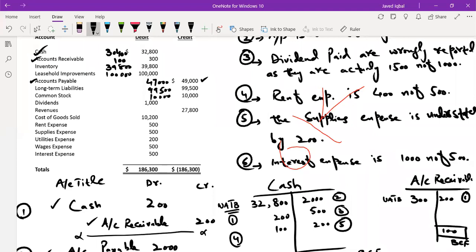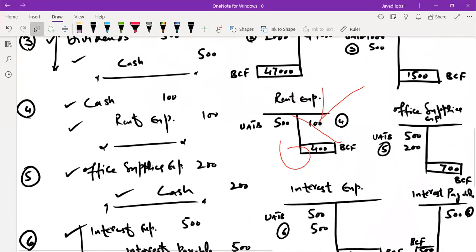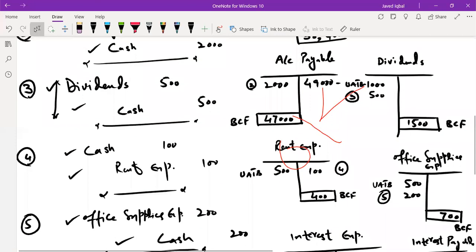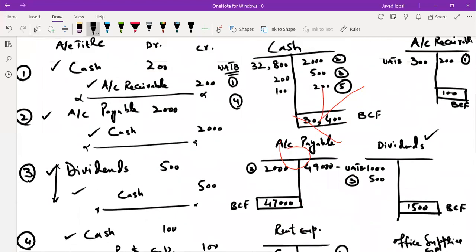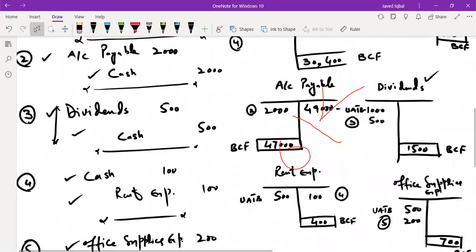Then dividends have changed, I believe. They have gone up by 500, and the new balance is 1,500. Revenues are unchanged, so we are writing 27,800. CGS hasn't changed, so this should be 10,200. Rent expense has changed, so the new balance for rent expense is 400.